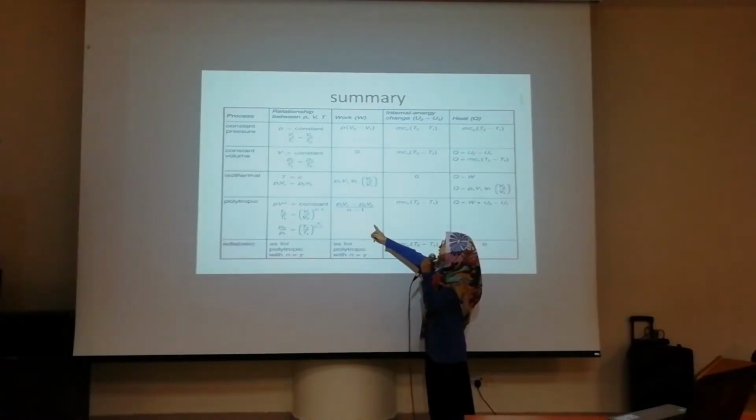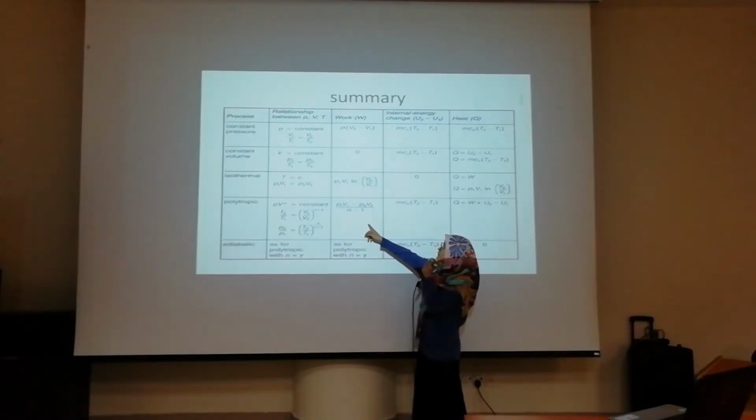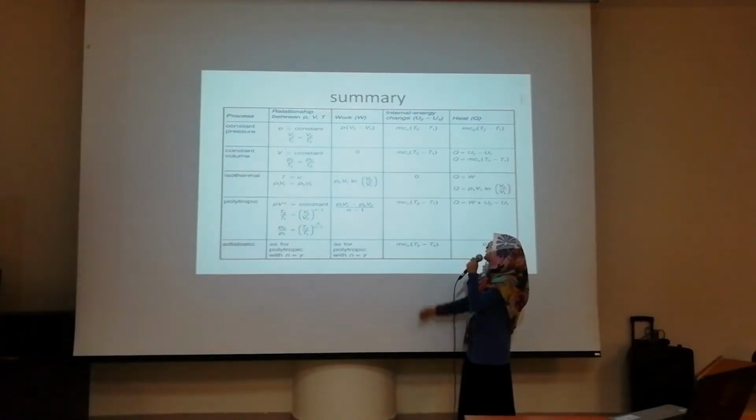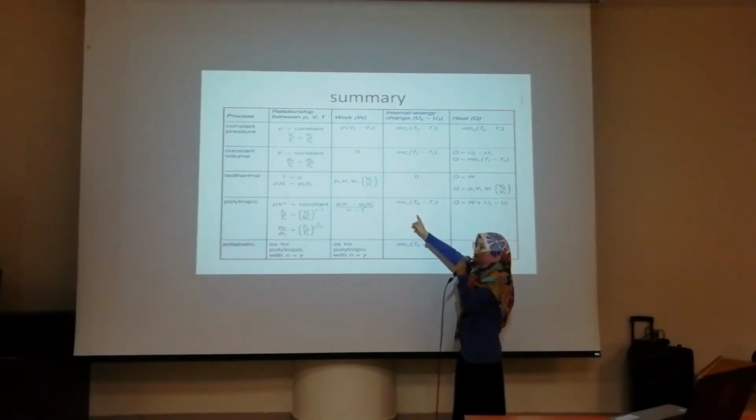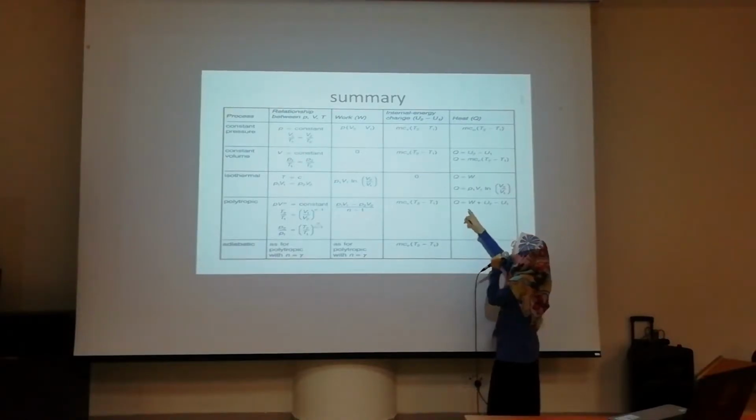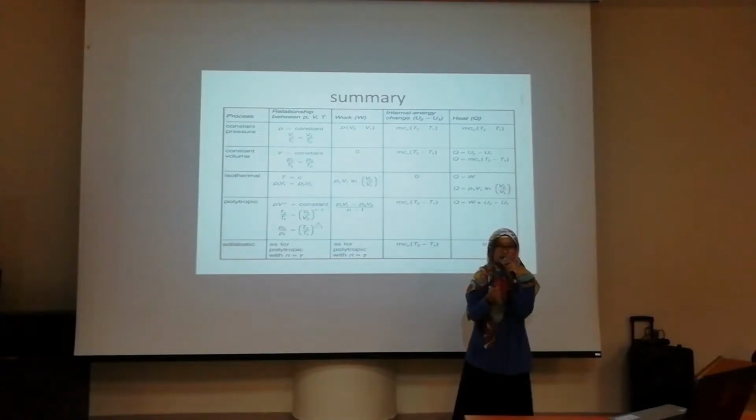For the work is P1 V1 minus P2 V2 over n minus 1, and the internal energy is nCV times T2 minus T1, and the last one is the heat Q equal to W plus U2 minus U1. Okay, that's all from us.